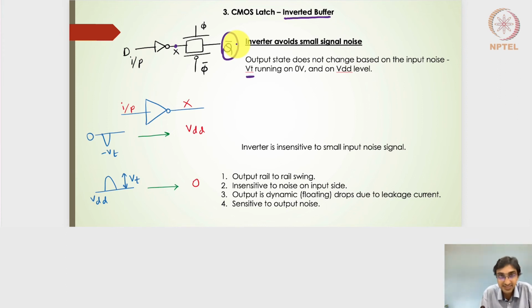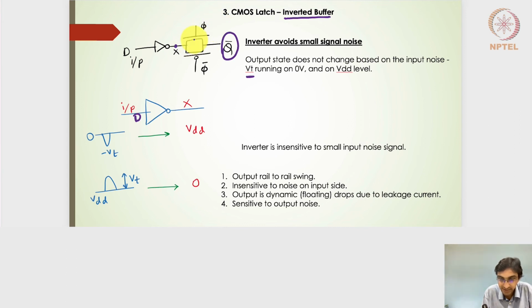Right. So now let's see how the inverter makes that difference. Let's say that I have an inverter here at the input, and then this is the X. So this is the D signal and this is the X signal. The X will go to the transmission gate and then give the Q bar signal. Right. So previously, if I had minus Vt or below minus Vt here, because the transmission gate was directly taking the input, we used to get the NMOS transistor on because this was set to be 0.